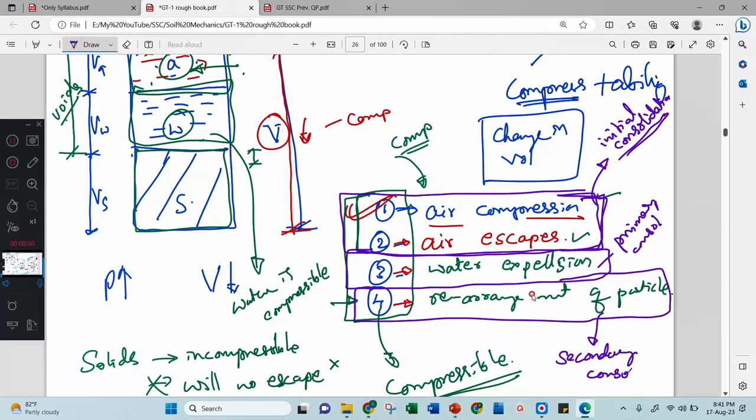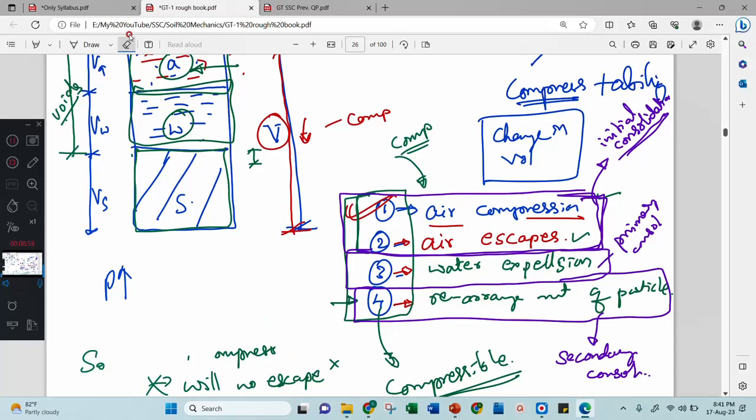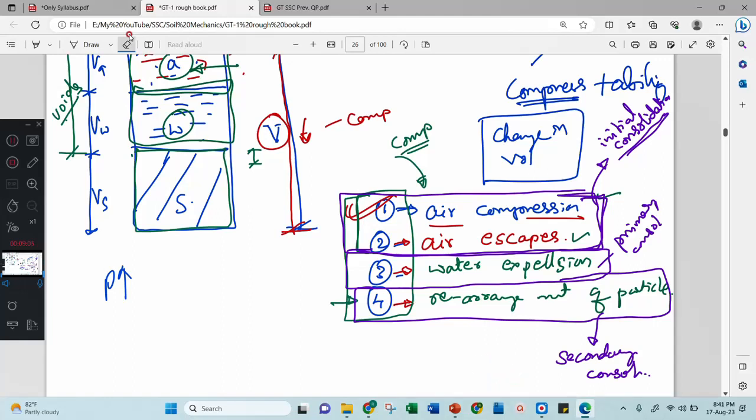Now, very interestingly, the soil, whatever is there on the earth, we can distinguish into two different types. Not coarse grained and fine grained soil. The entire soil can be differentiated into two types: one is inorganic soil, and the second one is organic soil.